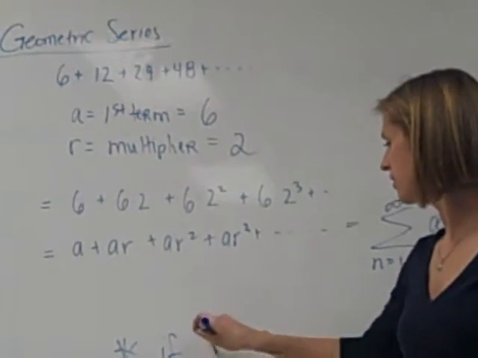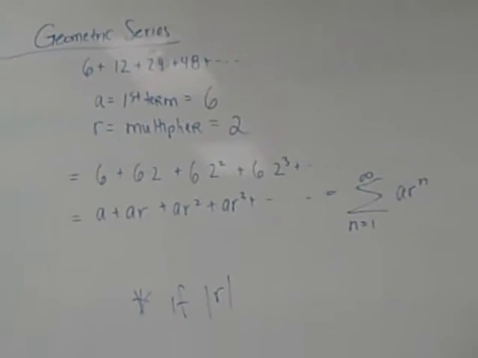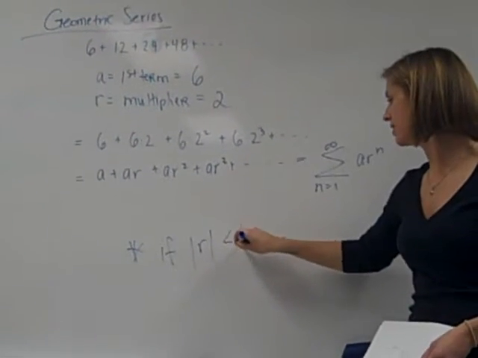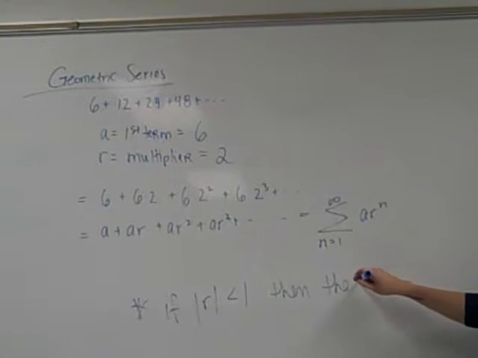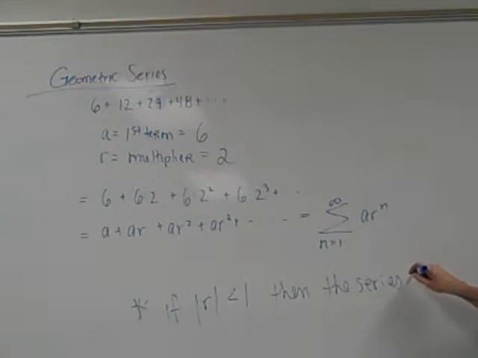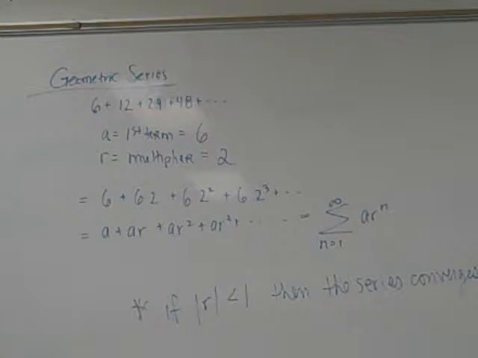If r, or actually the absolute value of r, your multiplier, is less than 1, then the series converges. Kind of makes sense. If your multiplier is less than 1, then it's a little fraction, right?